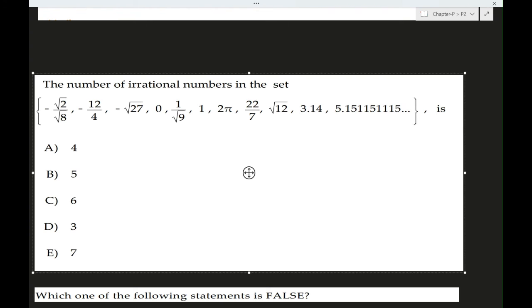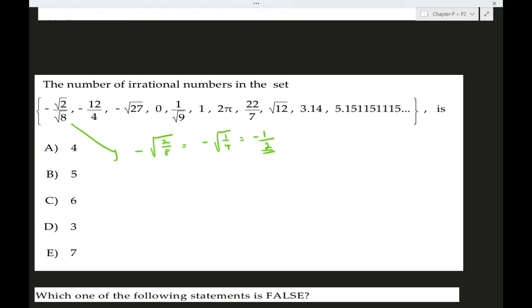On the first one, you can put the roots together, since they have the same index, so it becomes one over four, which simplifies.